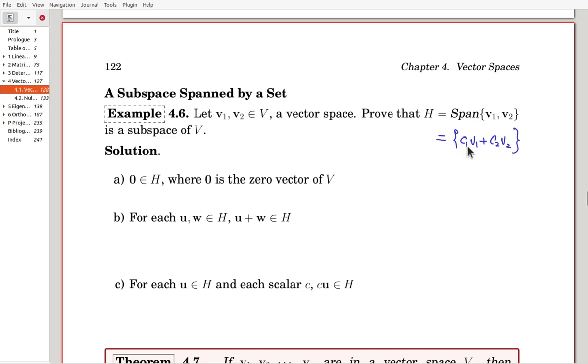If we choose 0, 0 for C1, C2, then it must be 0.